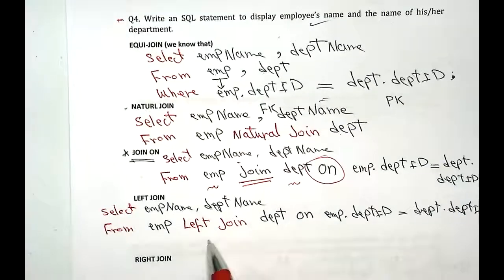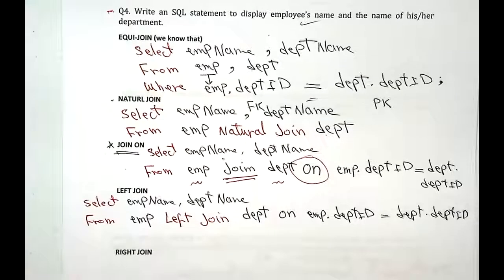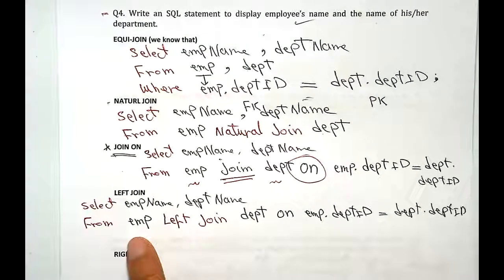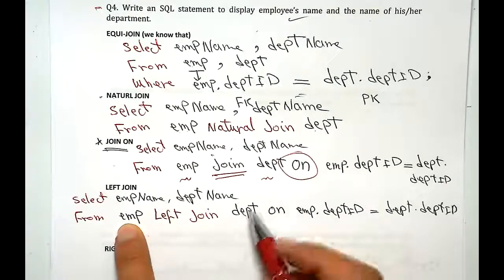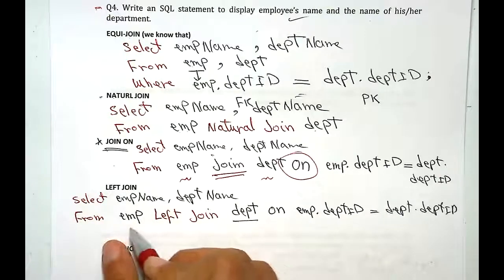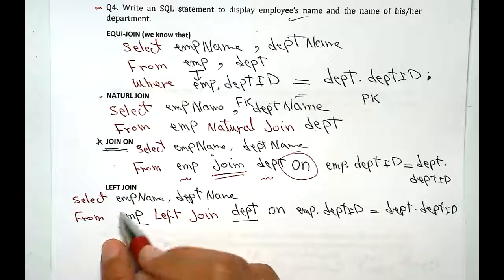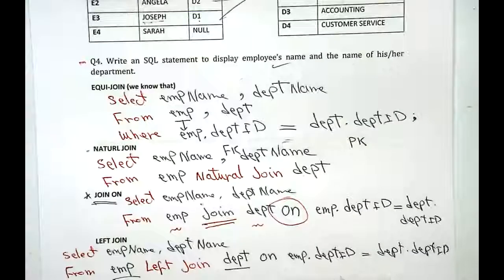Okay, so how does left join work? As I said, left join will take the first table here as a left table and the second table as the right table. It will get all the records from the left table. So the output will be like this.